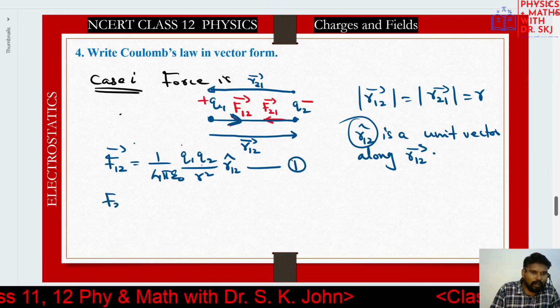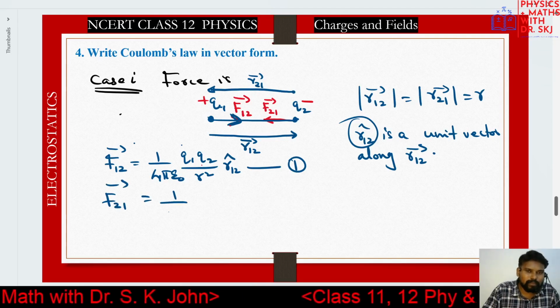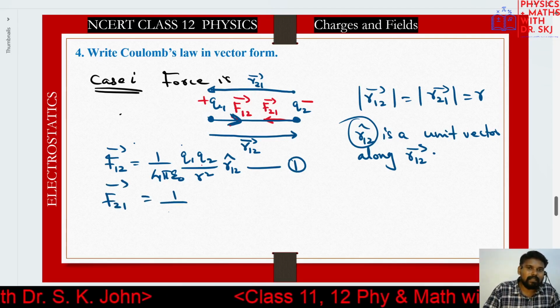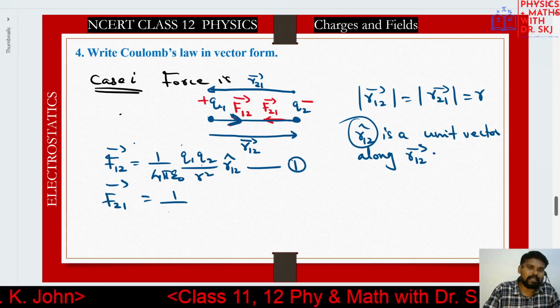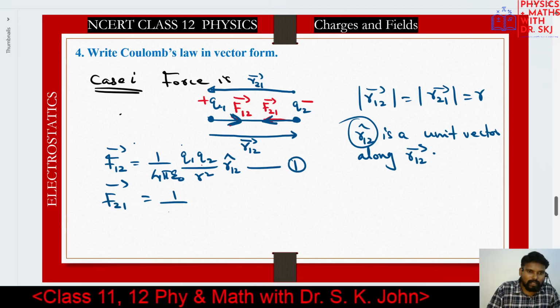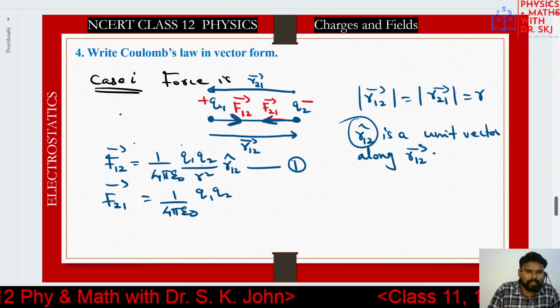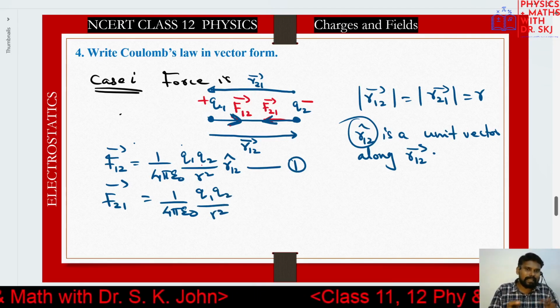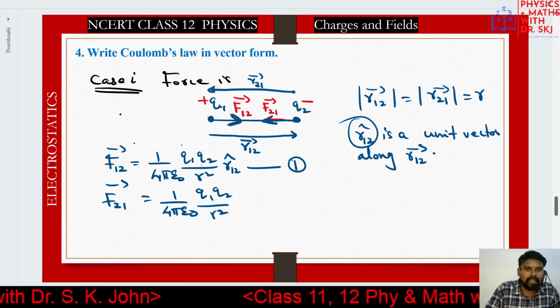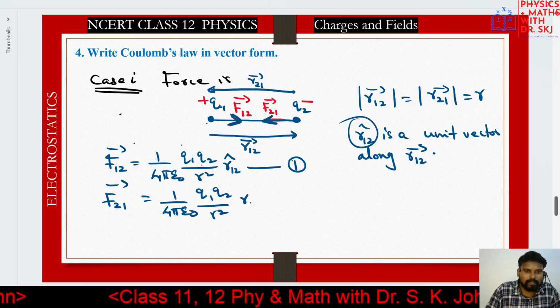And for F21, how can you write F21? The magnitude is the same. F21 is the force acting on the second charge due to the first charge. The first charge attracts the second charge. So F21 is 1 by 4 pi epsilon 0 Q1 Q2 by R square. There is no change in the magnitude, but the direction is opposite. What is the direction of F21? It is from 2 to 1. So I should write R21 cap.